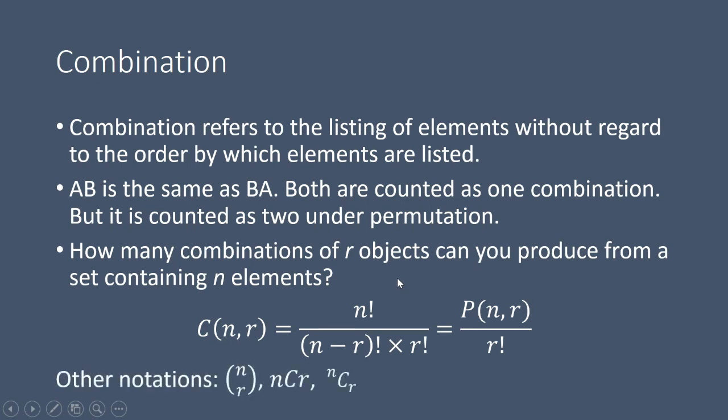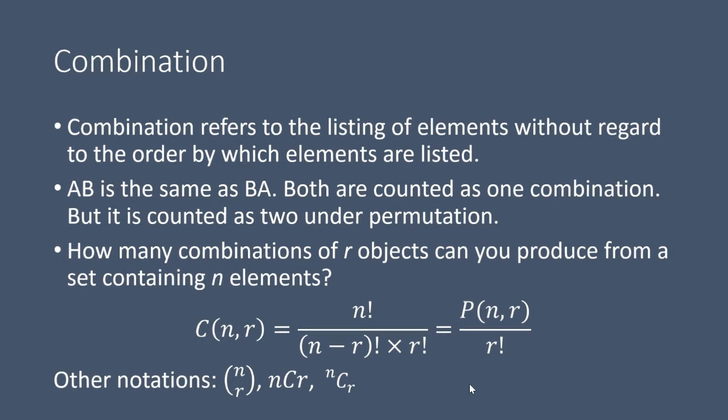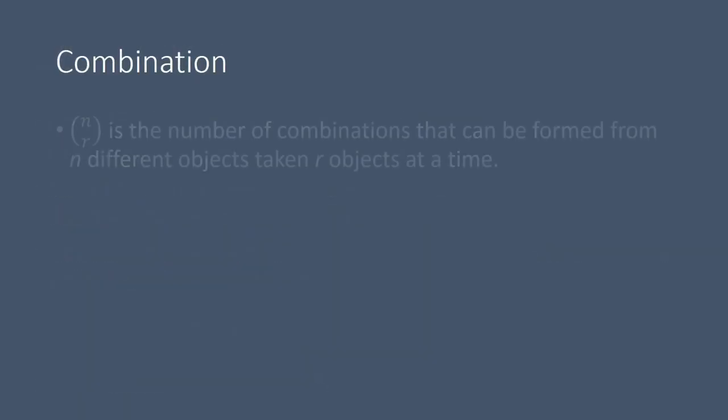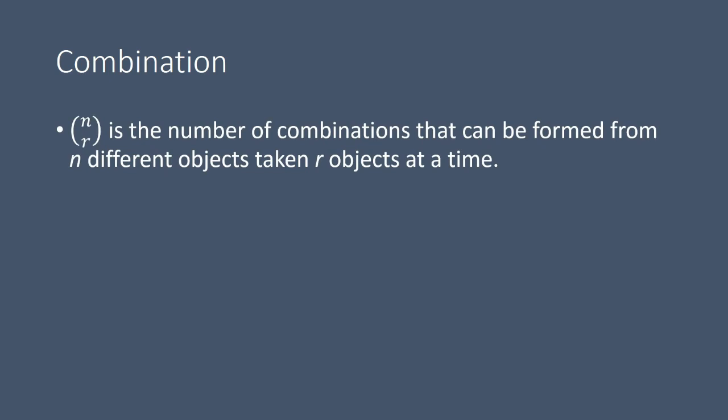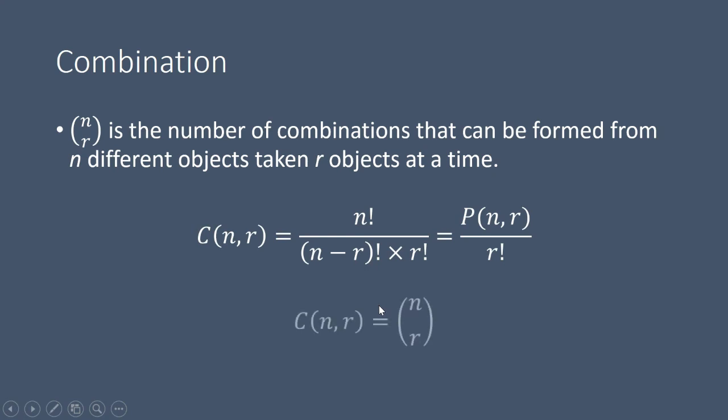These are the other notations for the combination formula. n taken R, that is how you read this, n taken R or n combination R. n taken R is the number of combinations that can be formed from n different objects taken R objects at a time. And this is how you compute it.